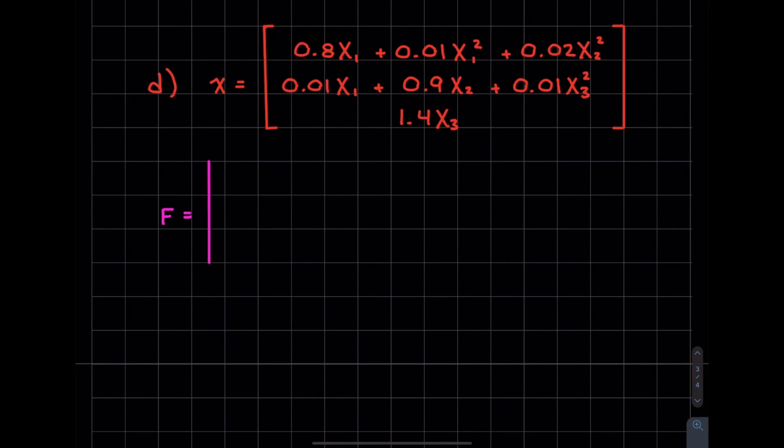So again, I'm just going to go through x1, and I'll put these on the side, x1, x2, and x3. What I'm doing is going through each one of these and taking their derivatives with respect to big X1, big X2, and big X3. So if I look at the first equation, which I'll highlight so you guys know exactly what I'm doing, and take this with respect to partial X1, I'm going to get 0.8.